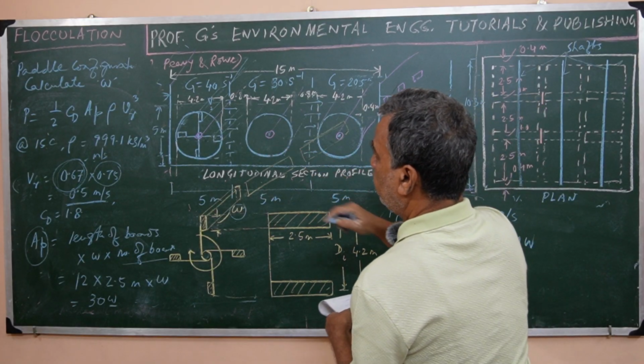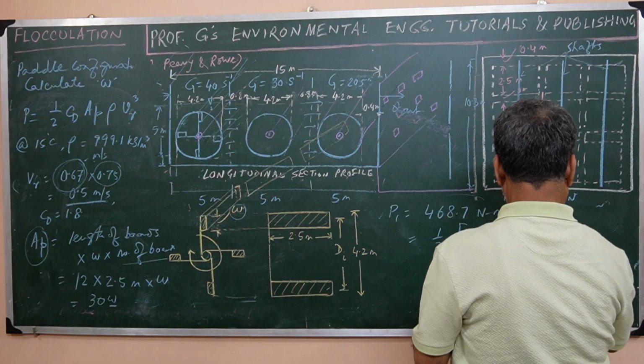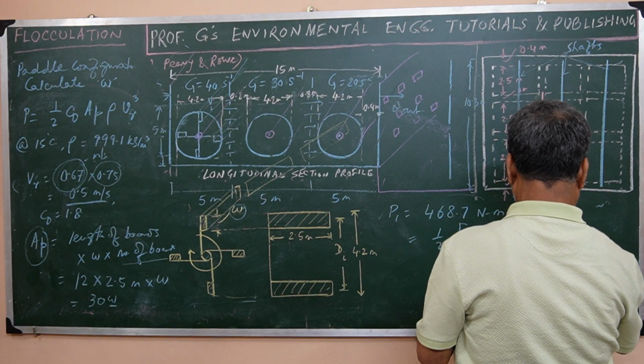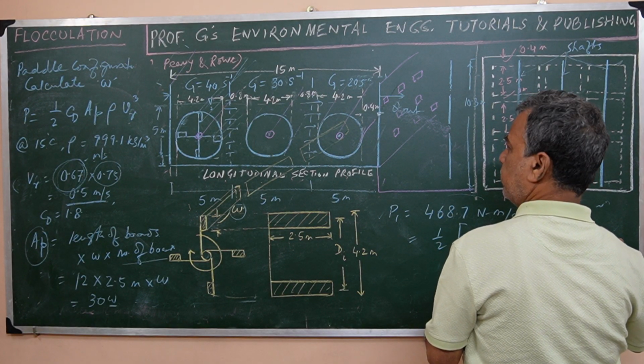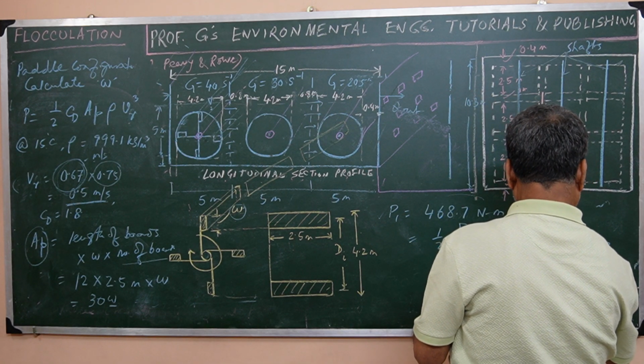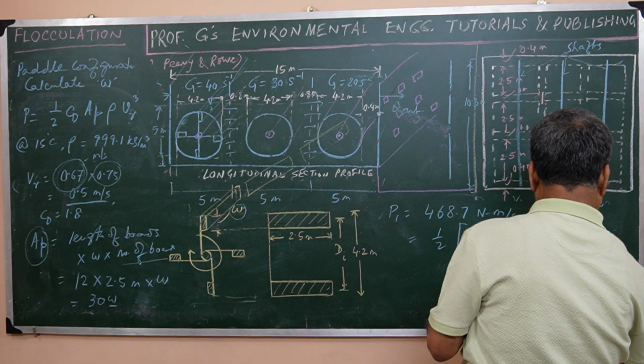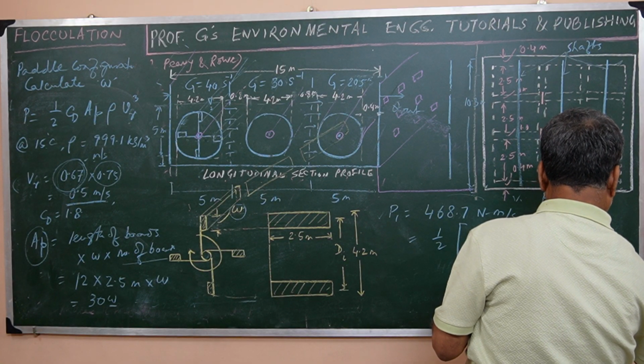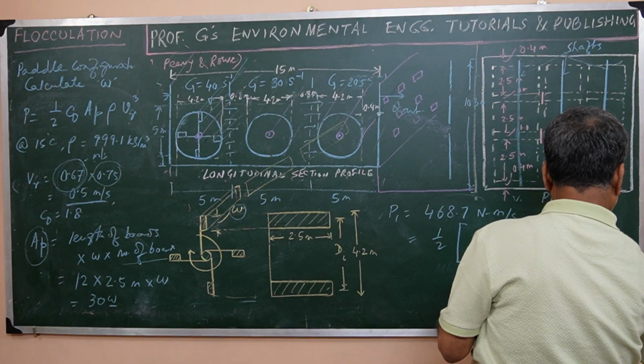We have AP, then 991.1 kg per meter cube, and VR cube, that is 0.5 meter per second, that is cube.